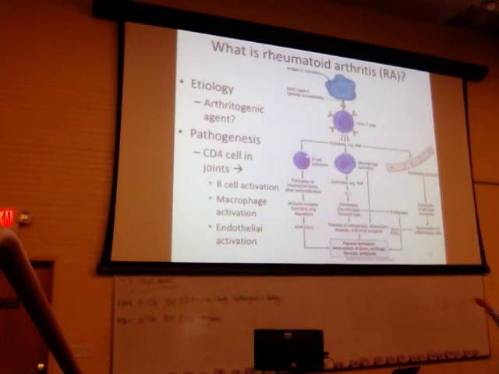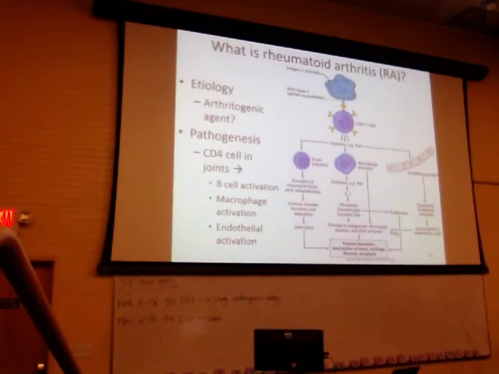These B cells start forming autoantibodies, and they deposit in the joint itself and cause injury. And I'll show you some pictures of what the pannus formation is and the fibrosis. Then the CD4 positive T cells release cytokines that trigger the activation of macrophages. So now you get macrophages into the area causing inflammation.